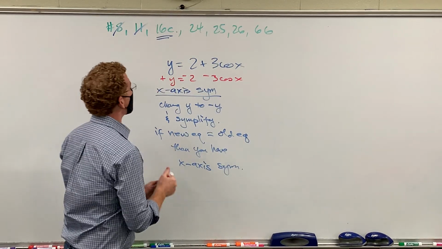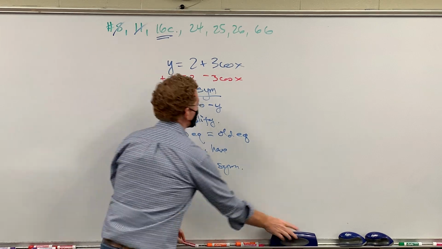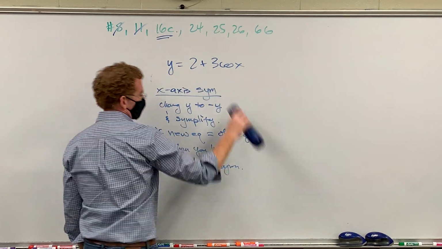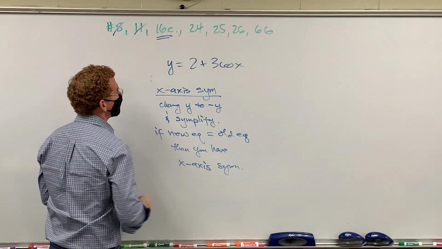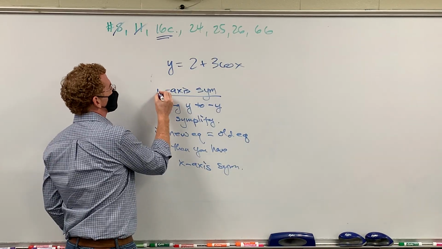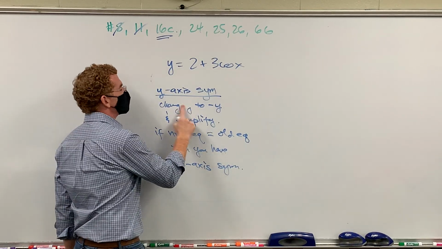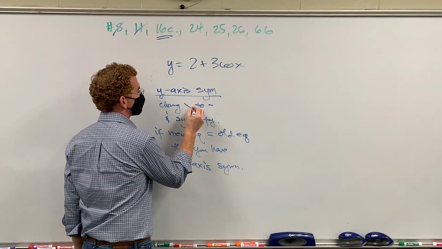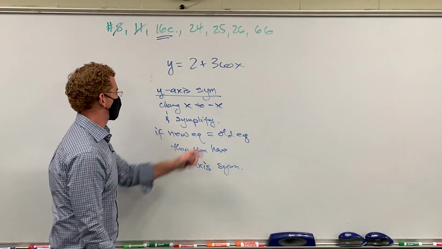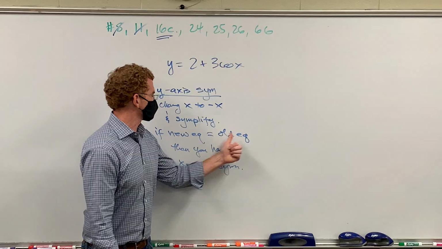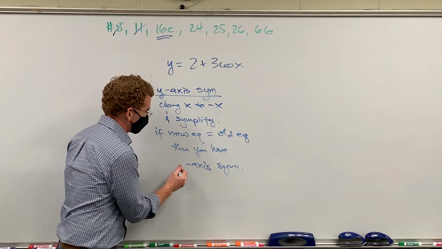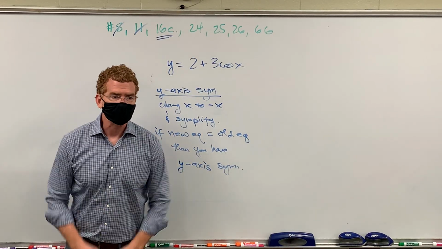But here's the y-axis symmetry check. These are kind of easy to remember once you see them all. For y-axis symmetry, change the x to -x and simplify. If the new equation equals the old equation, then you have y-axis symmetry.